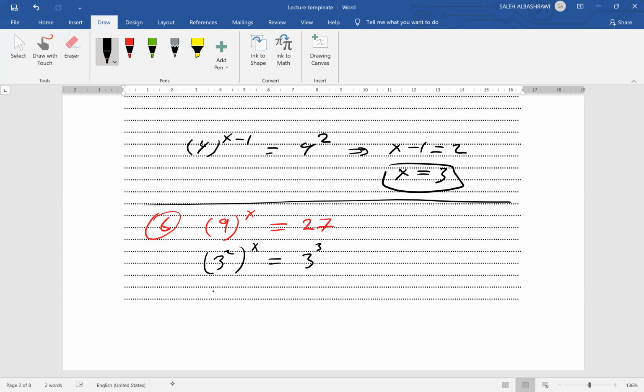So the left-hand side can be written as 3 to power 2x. The right-hand side is 3 to power 3. Now we have the same bases, 3 to power 2x and 3 to power 3, which means the powers will be the same. So 2x equal to 3, or x will give me 3 over 2. So the solution for this exponential equation is x equal to 3 over 2.